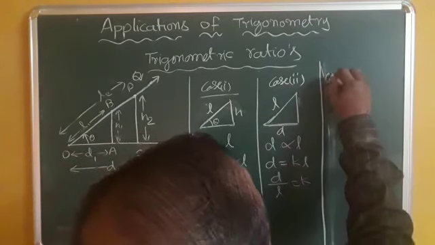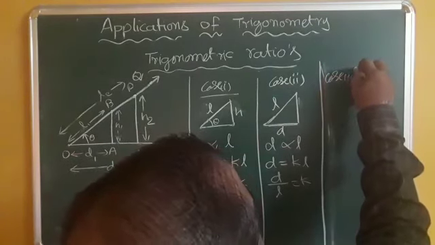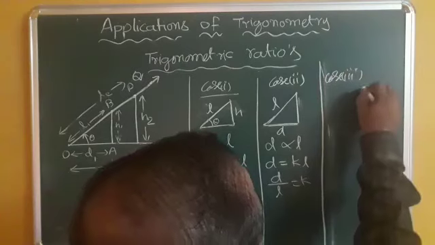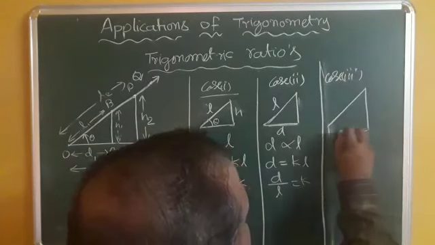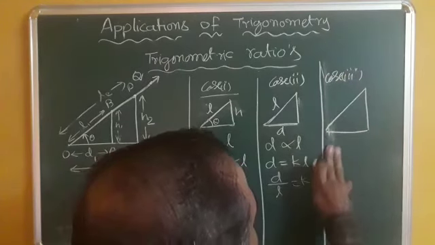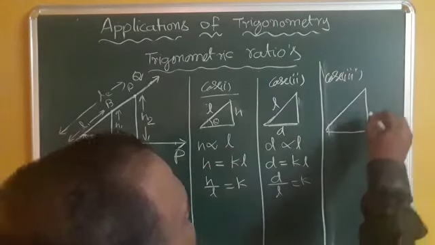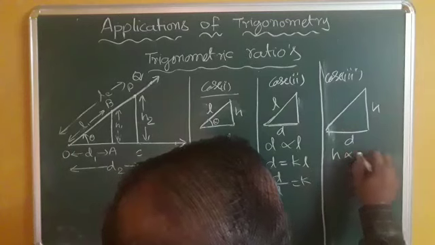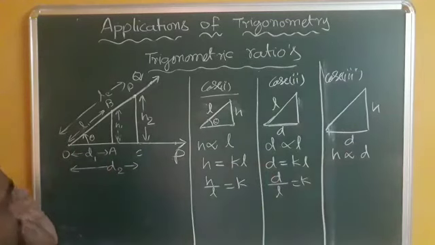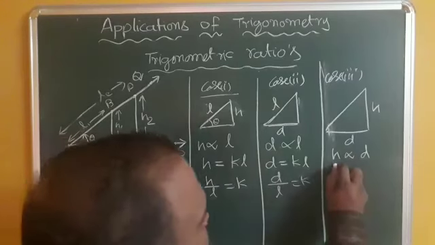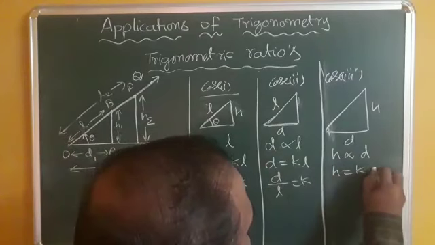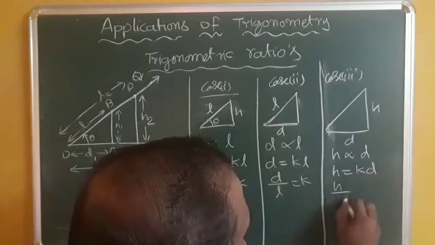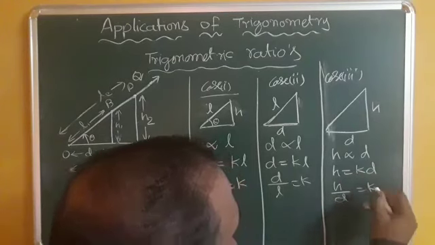Case 3: here we take height and distance. H is proportional to D. As the height increases, the distance also increases. H is equal to KD, and H by D is equal to K.